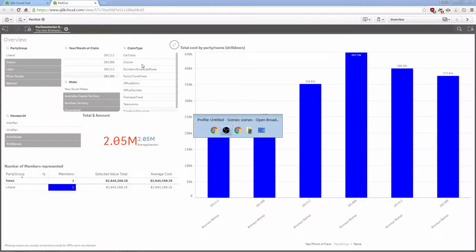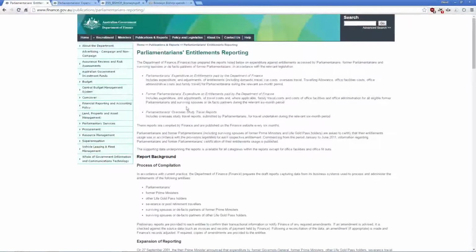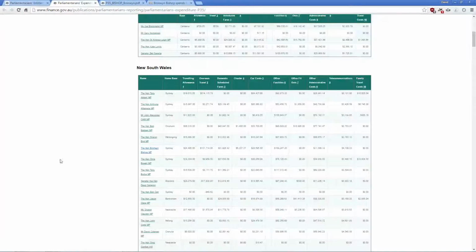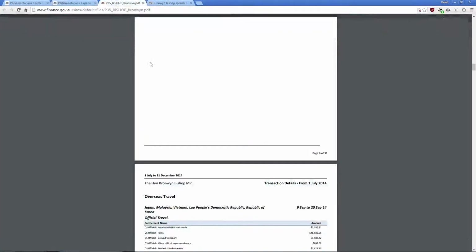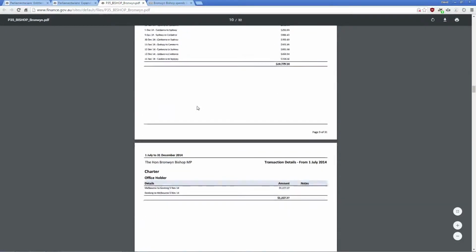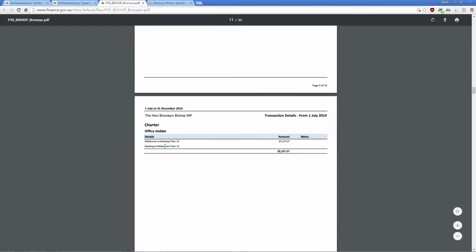The journalist who won a Walkley Award for investigating this would have gone to the Parliamentary Entitlements reporting site, gone to that particular year, gone to Bronwyn Bishop and found this whole value in Charter, which is on page 10. They would have gone through all that information and seen this: Melbourne to Geelong, Geelong to Melbourne on the same day, and thought, oh, that's a bit odd.